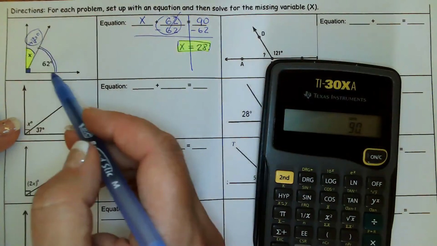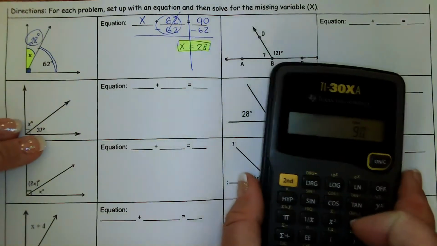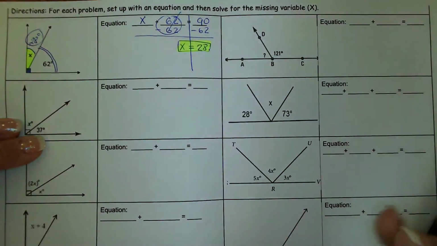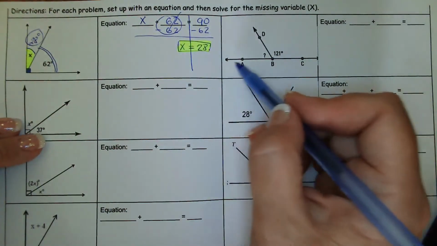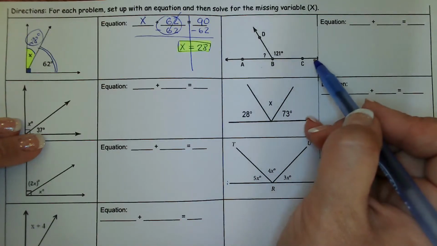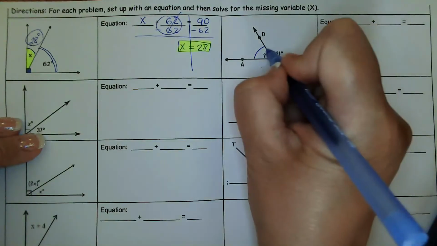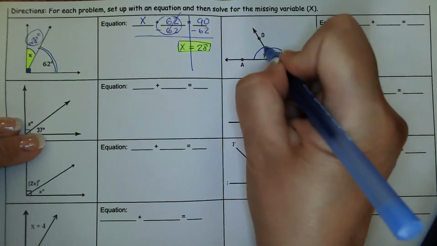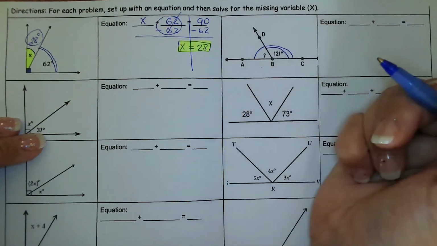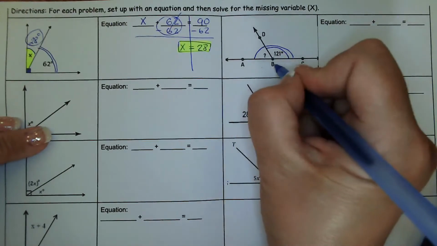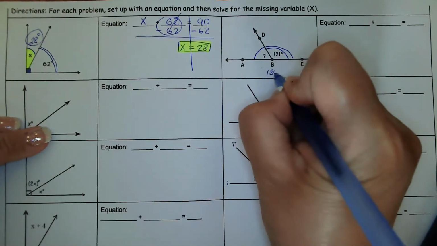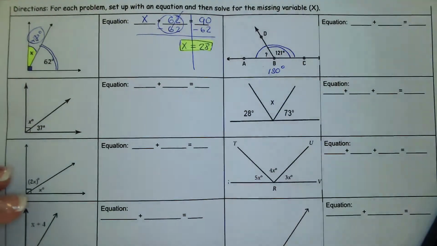So the two angles add up to 90. Complementary relationship. On the other side, I have the straight line ABC. And the question mark and 121 are supplementary. Supplementary angles add up to 180 degrees. The straight line.